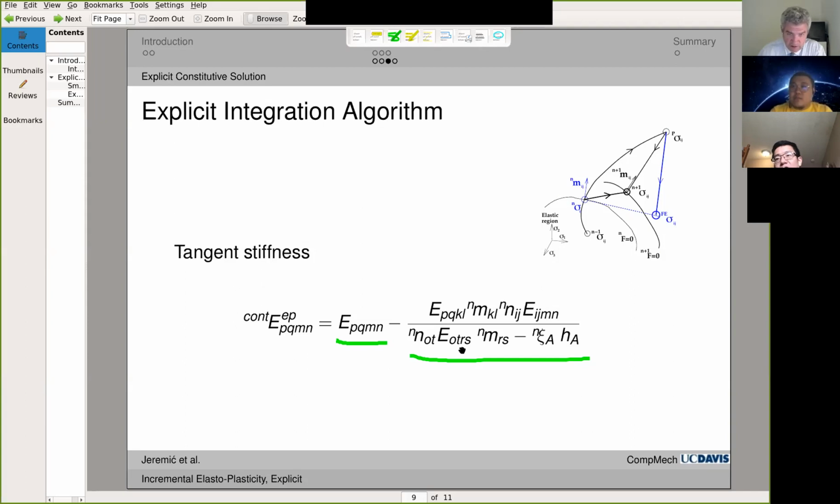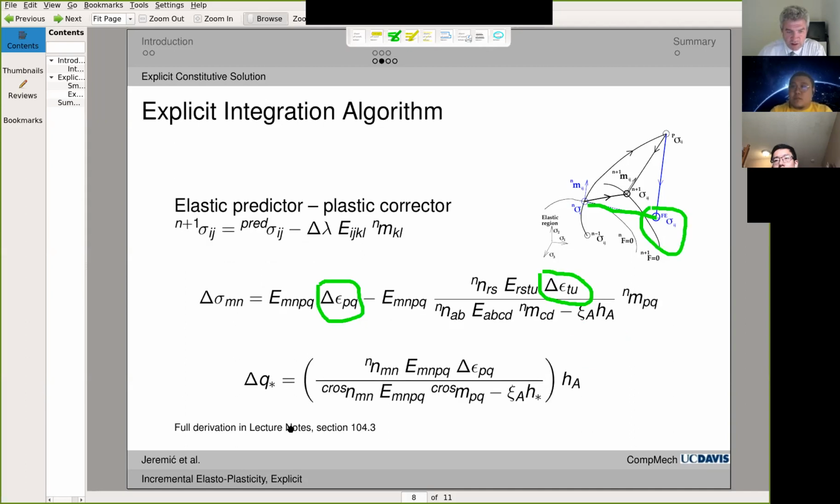Again, N and N, that N is the normal to the yield surface, dF over d sigma. M is the plastic flow direction. And these two are, this is the hardening function, and this is the derivative of yield function with respect to hardening internal variables. Again, full derivation is given in lecture notes on page 104.3.